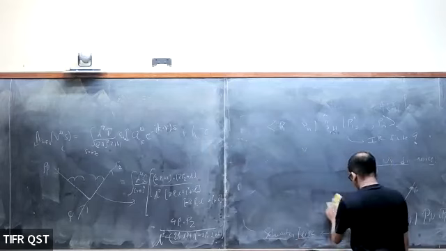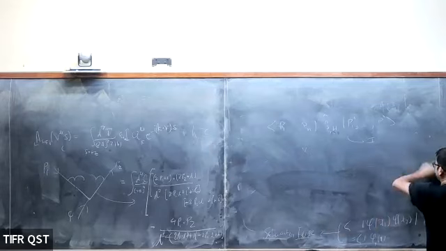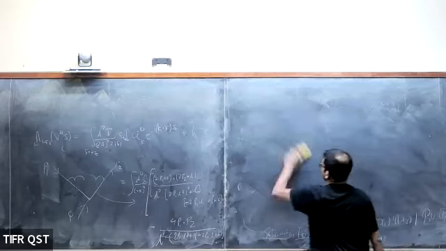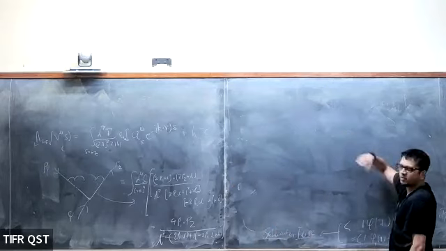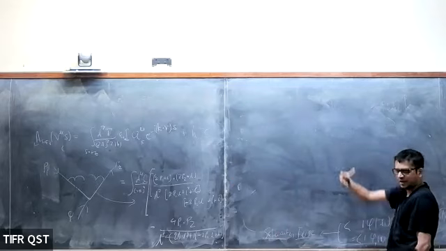Even if you forget the S matrix for a minute, you can ask the following question: can you isolate infrared and collinear divergence from finite energy contribution in a particular amplitude?